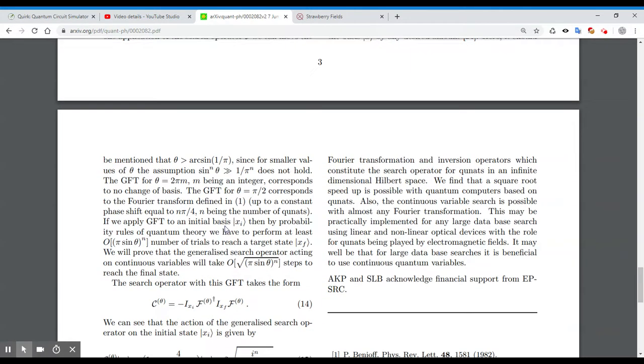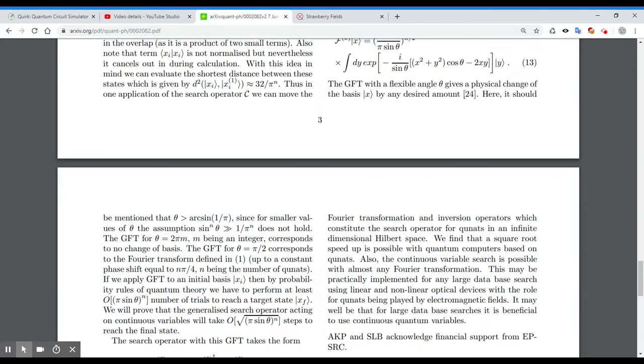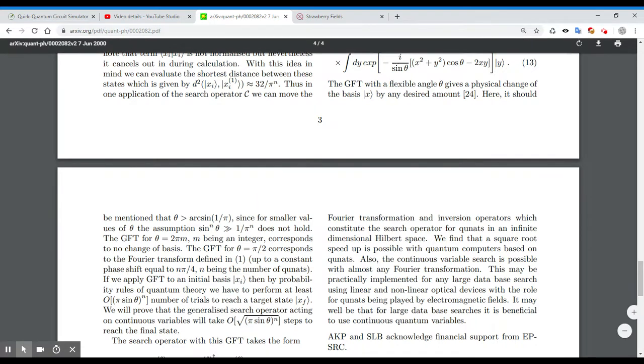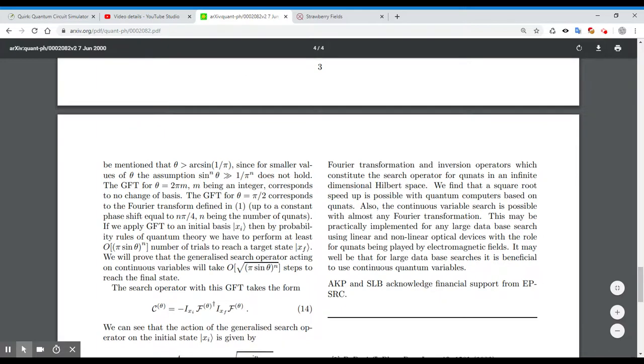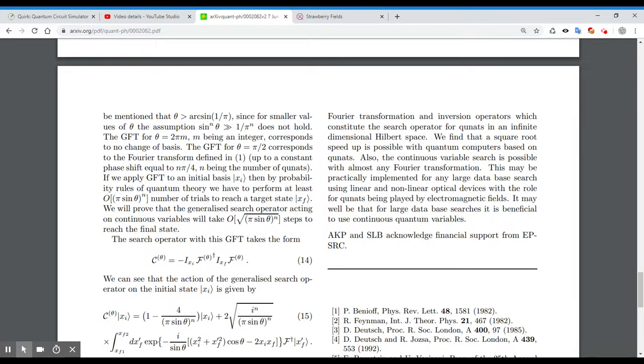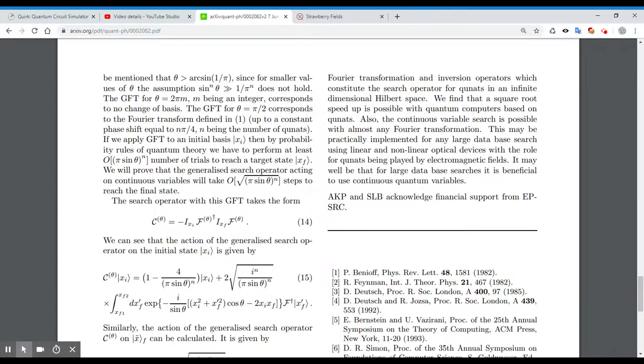Here it should be mentioned that that's probably the rotation operation in Xanadu, right? So the search operator with this GFT takes the following form. Fourier transform something, Fourier transform minus something.